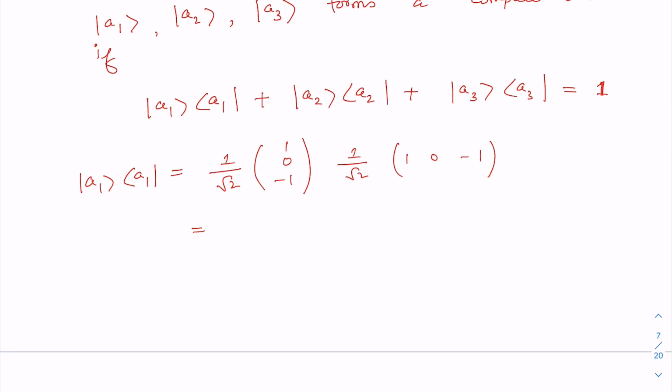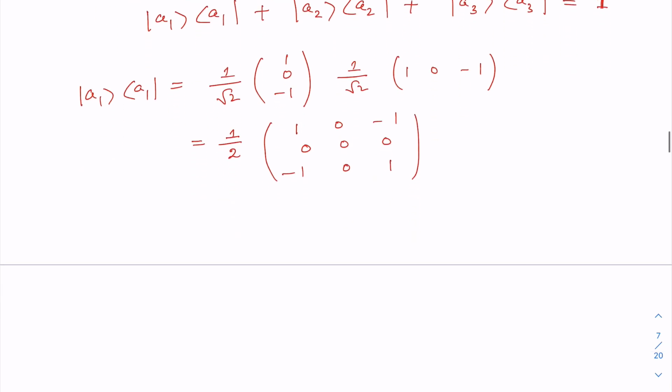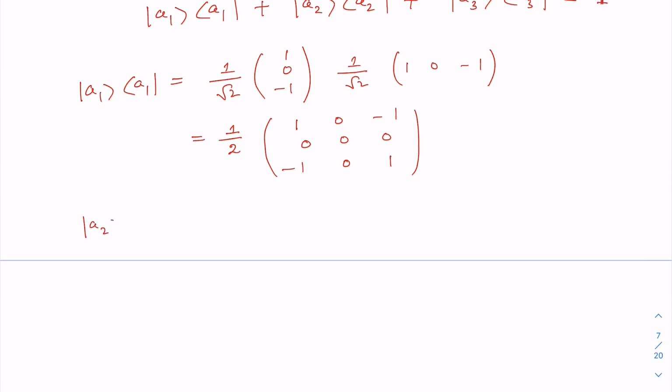If I do the maths, you will get half times the matrix with rows (1, 0, minus 1), (0, 0, 0), (minus 1, 0, 1). Similarly, for ket a2, the outer product with bra a2, you will get 1 by 4 times the matrix with rows (1, root 2, 1), (root 2, 2, root 2), (1, root 2, 1).